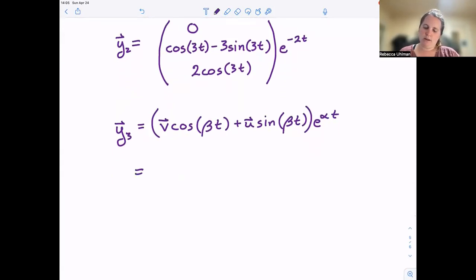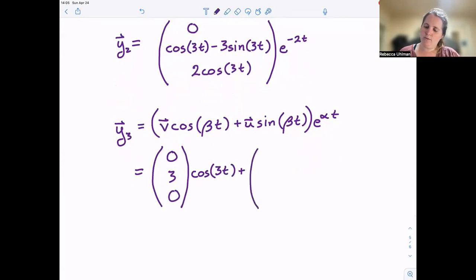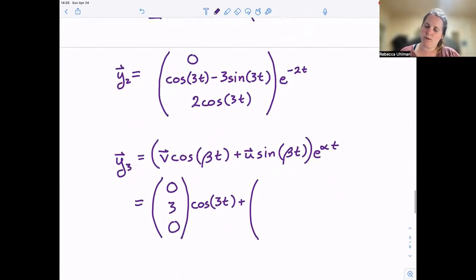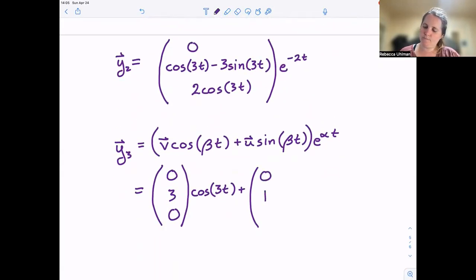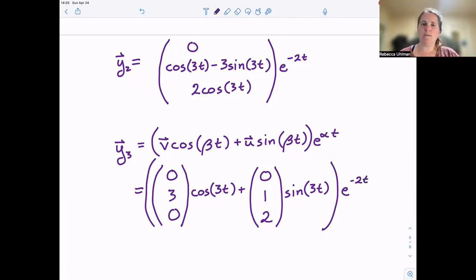Our v again was 0, 3, 0, multiplying cosine of 3t, plus our u was 0, 1, 2, all multiplying sine of 3t, and then this whole thing is being multiplied by e to the -2t.